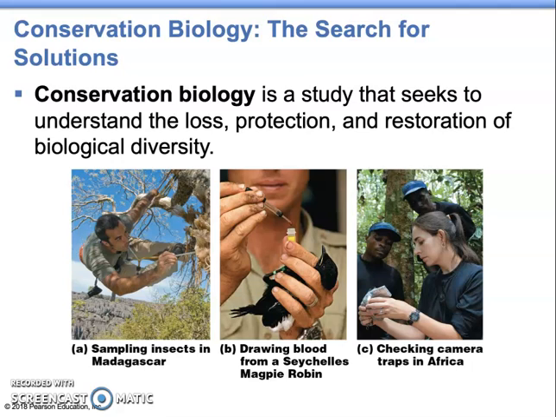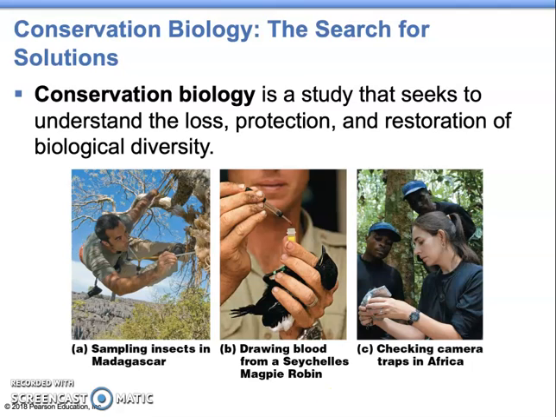This last bit is about the discipline of conservation biology and what it does. It will be broken down into two separate lectures, and there are several links to the recording that you just heard from SoundCloud, as well as other YouTube videos and external links that I encourage you to review.